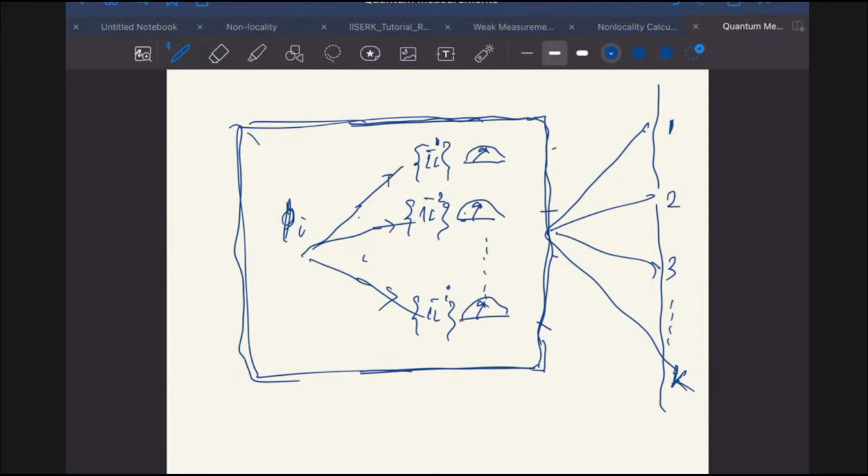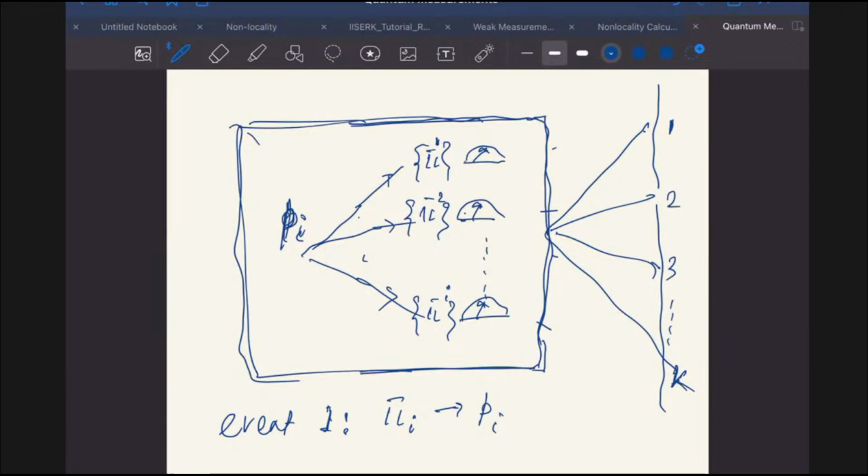So there are two events then. Event 1: the spin component is projected onto some projector, let's say pi i, with a probability p i. This p i is the probability that a spin component of some system is projected onto pi i.